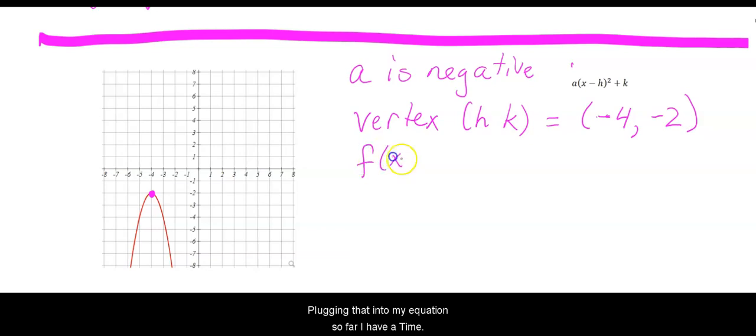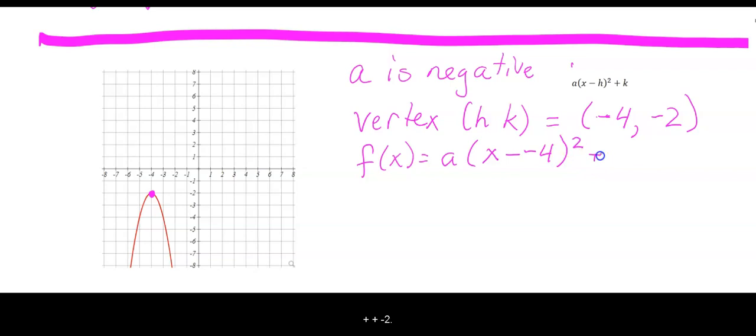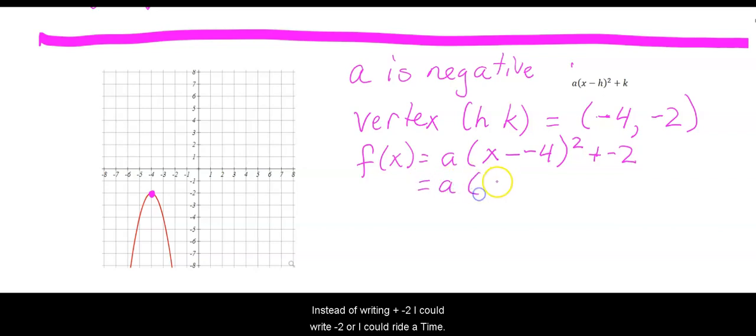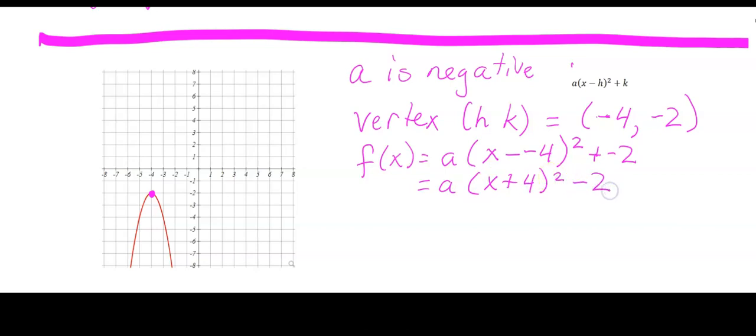Plugging that into my equation, so far I have a times x minus, for the formula, and -4 for the value of h, squared plus a -2. Now instead of writing plus -2, I could write -2, or I could write a times x plus 4 quantity squared minus 2.